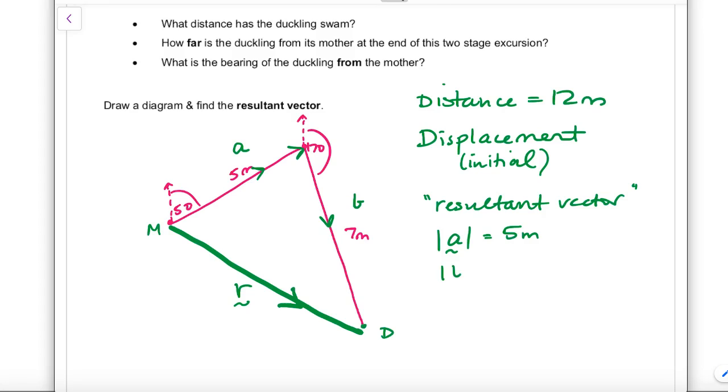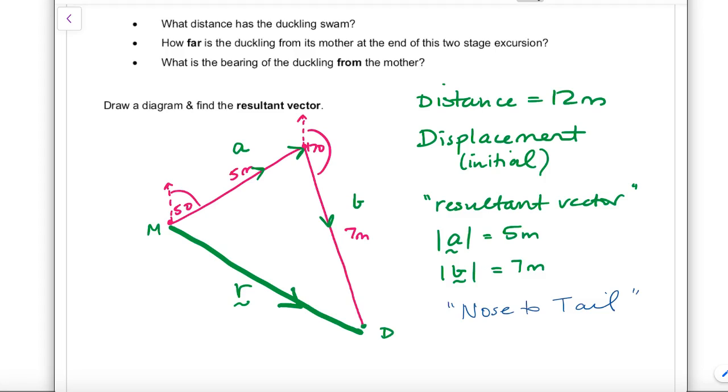And we can do the magnitude of vector B, his second stage, and that would be 7 metres. And what we notice is that the lines representing our vectors are positioned nose to tail, which means the start of the vector to the finish of the vector.